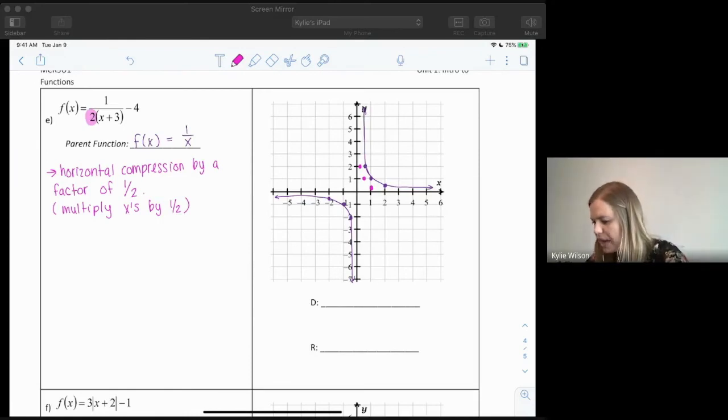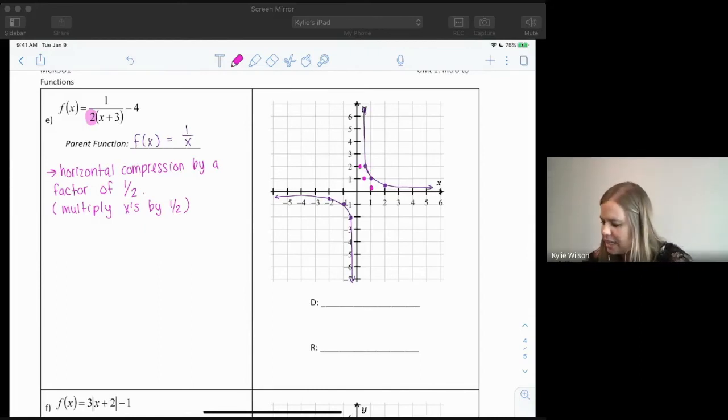Okay, so back to our example. I multiplied each of these x values by 1/2. So this point here went from an x value of 2 to an x value of 1, because I multiplied it by 1/2. Next, this one here went from an x value of 1 to an x value of 1/2. And this one had an x value of 1/2, and it went to an x value of 1/4.